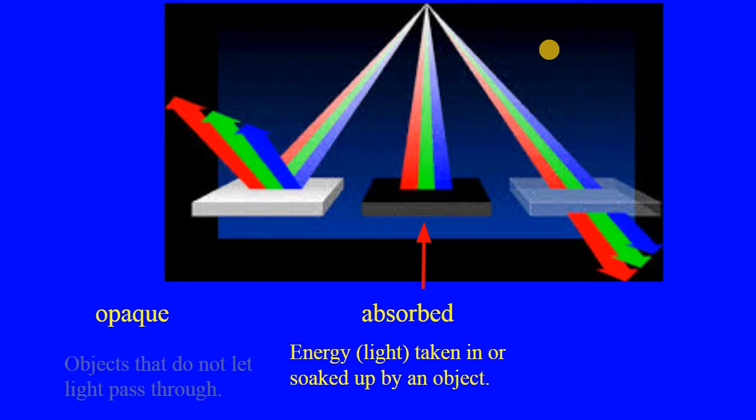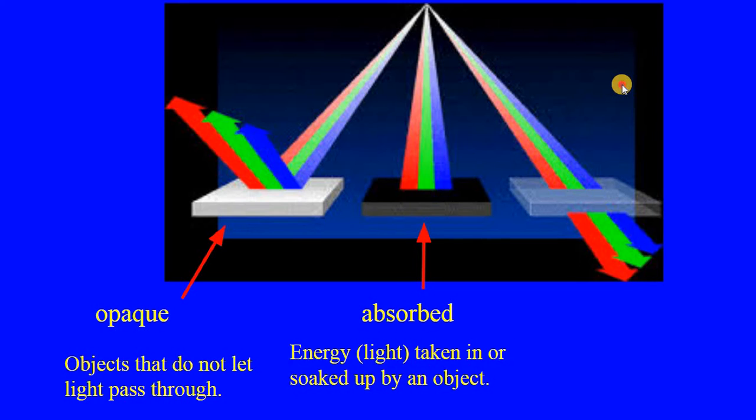And that is one where the objects do not let light pass through it, like a mirror. Okay, they don't let the light pass through it. They will reflect it back to the person or back into the atmosphere. A mirror is a good example of that.